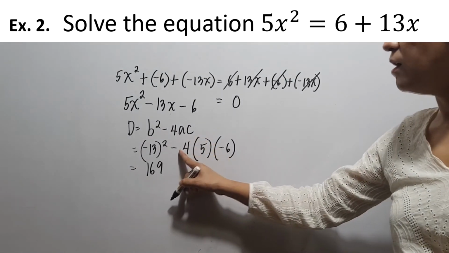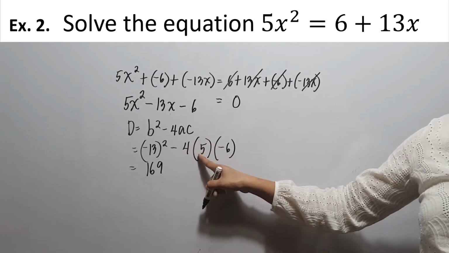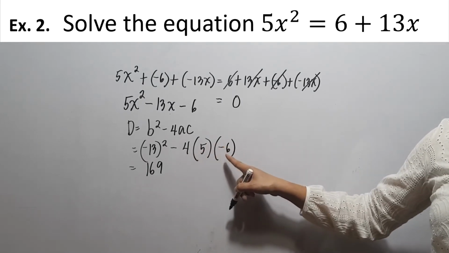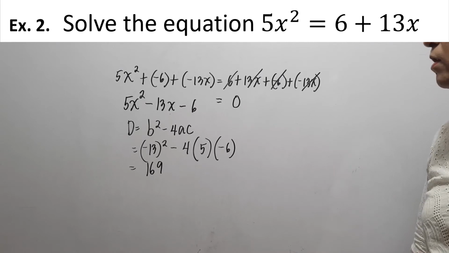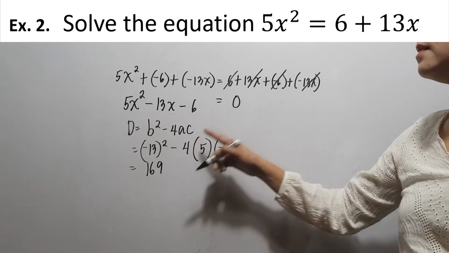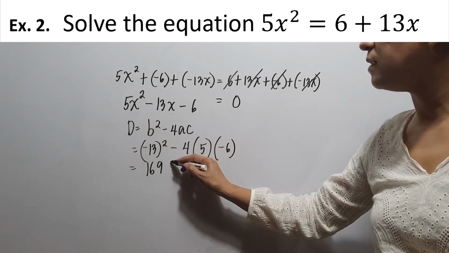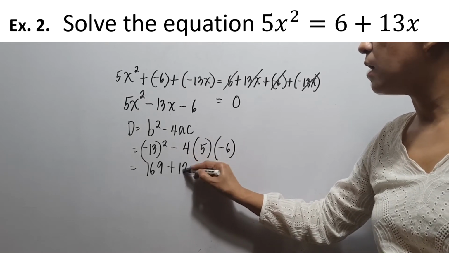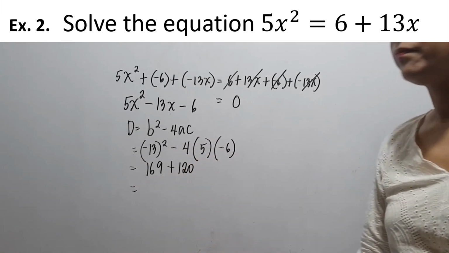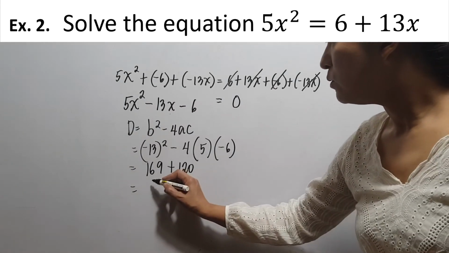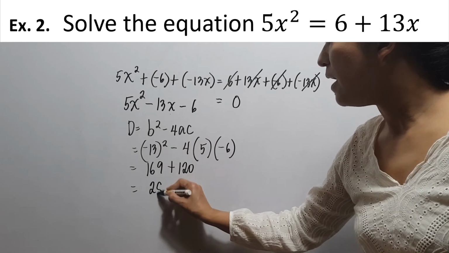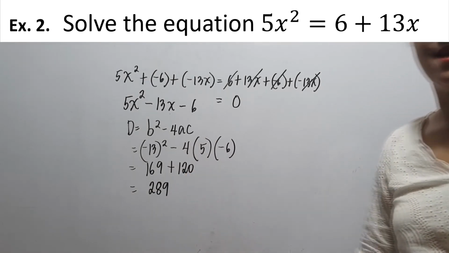So minus 4 times 5 is 20 times negative 6 is negative 120. Minus negative 120, so that is positive 120. 169 plus 120 is 289.